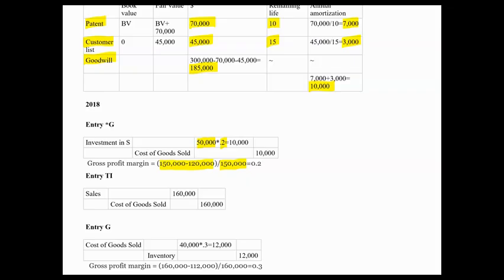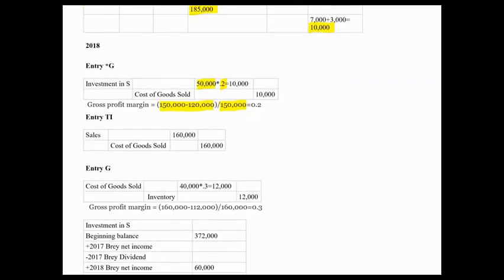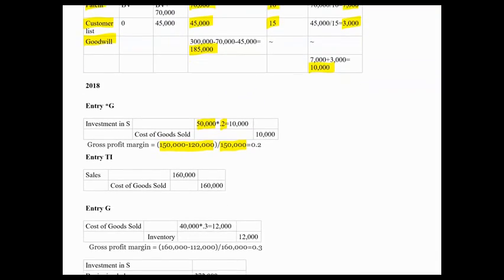And then the last one, entry G, this is what we're looking for, is the entry to defer the gross profit that's stuck in the inventory that's not sold. And the amount equals the amount of the remaining inventory times the gross profit margin of that inventory, and it equals the total sales minus the cost of the inventory, divided by the sales, and we got 30%.